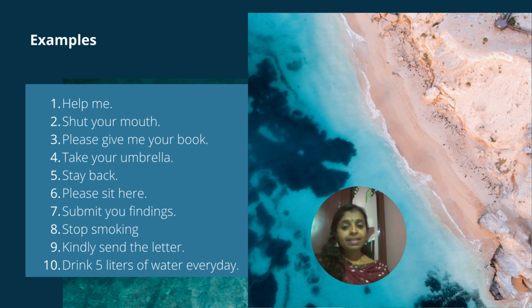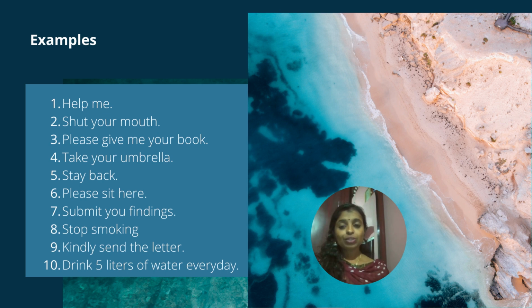Okay. "Please give me your book." As "please" is there, it's understood that it's a request. "You are requested to give me your book." Okay, "you are requested to give your book." There is no need of "me" there because "you" is already there. And "take your umbrella."